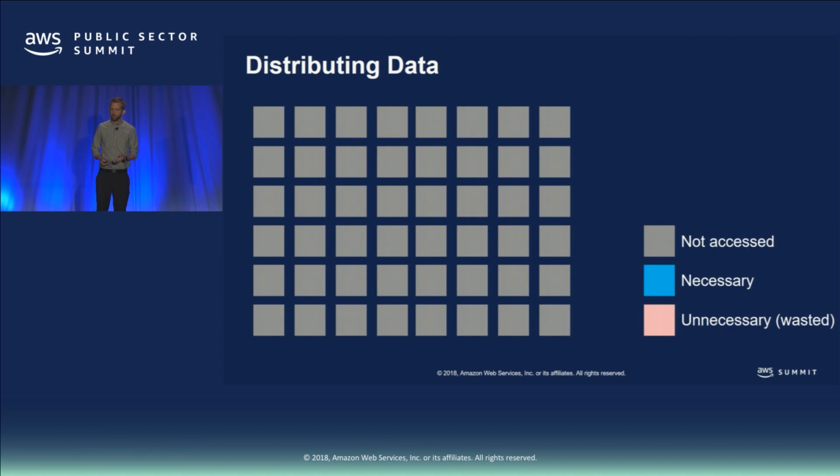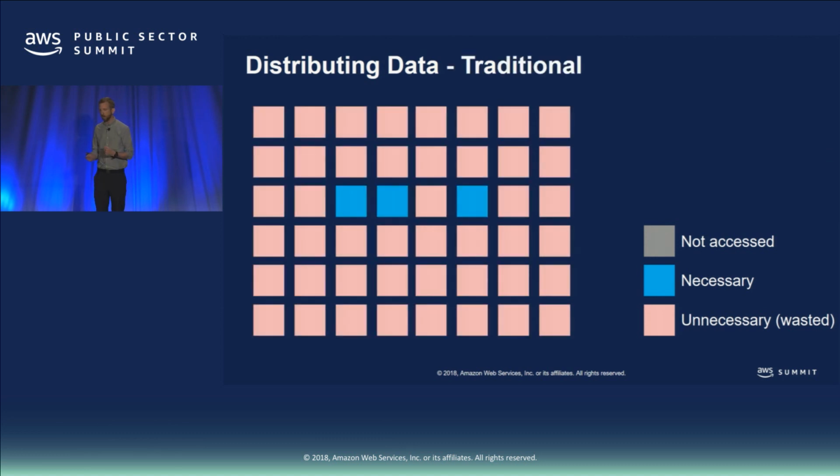With some traditional methods, if you only wanted to get a couple of these blue boxes out of the big, massive gray boxes, if the data set's not prepared well, if it's in a raw format, like a backup, or if it's in something where it needs to be processed to be usable, or the data is locked away inside of a compressed archive, like a zip file or a tarball or something like that, customers are going to need to download a lot more data than is required. I mean, this is probably your worst case scenario, when to access 10 megabytes of data, you have to download a terabyte. But believe me, it happens.